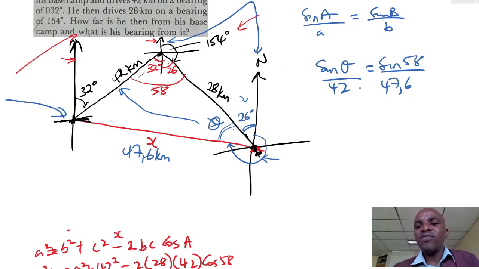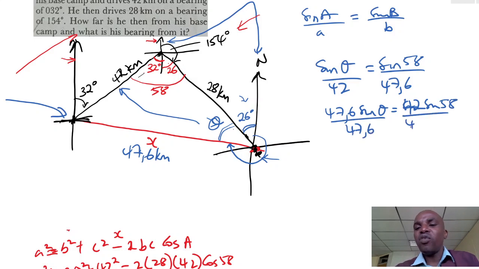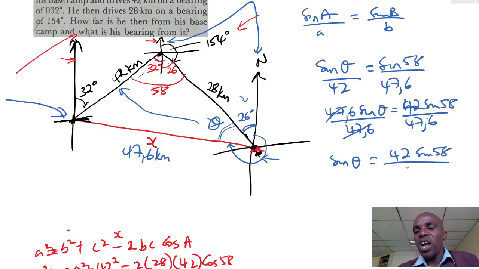Alright, let me cross multiply. 47.6 sine theta equals 42 sine 58. Then you divide by 47.6 both sides. It will be sine theta, this will cancel out, equals 42 sine 58 over 47.6, like this.